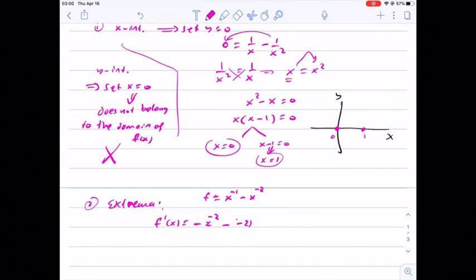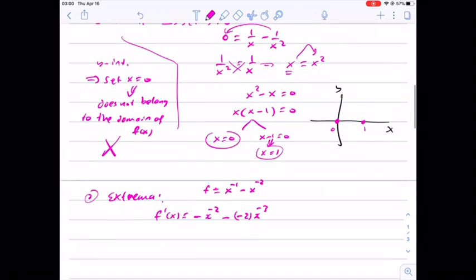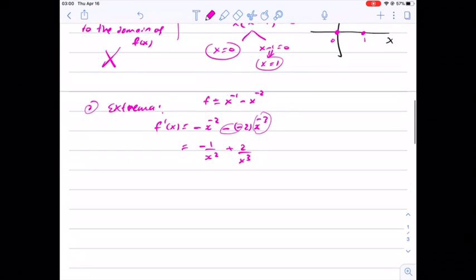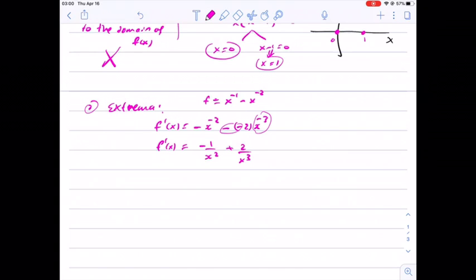So the derivative is negative x to negative 2 minus negative 2 times x to negative 3. And then we simplify, we get negative 1 over x squared, plus 2, since negative negative is positive, and then we bring x to negative 3 down, it becomes x to positive 3. Now this is the derivative.